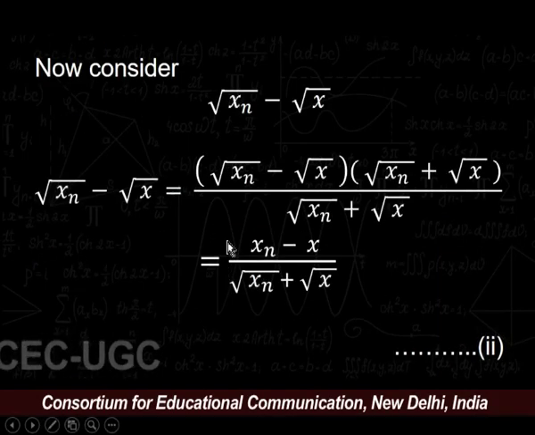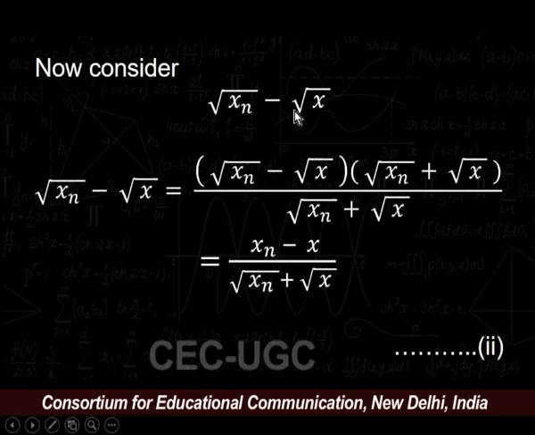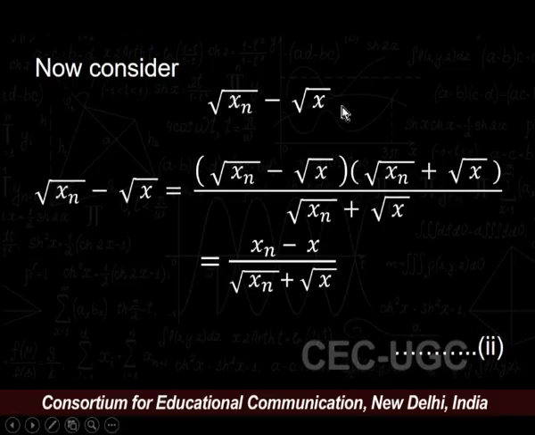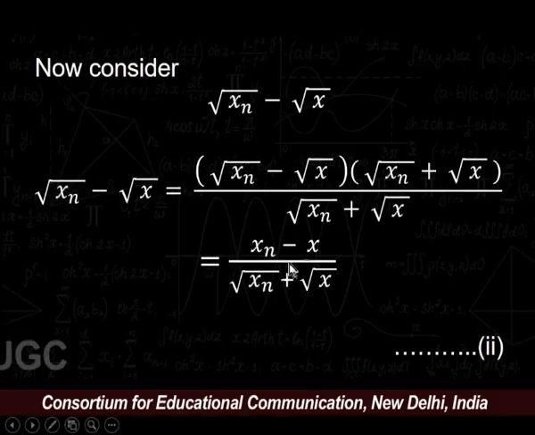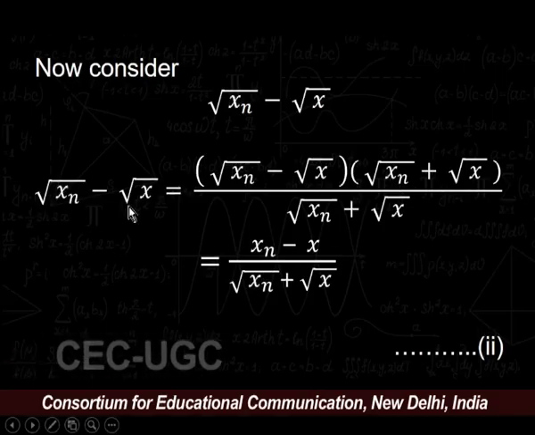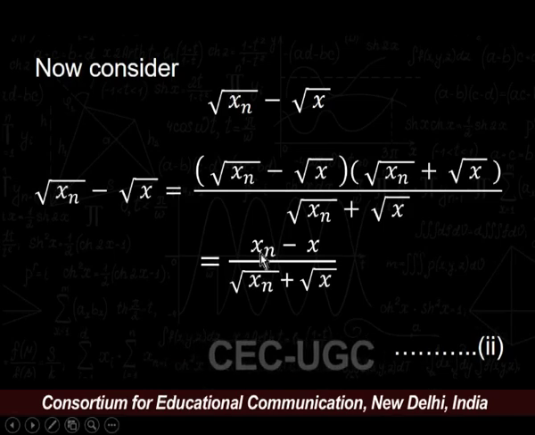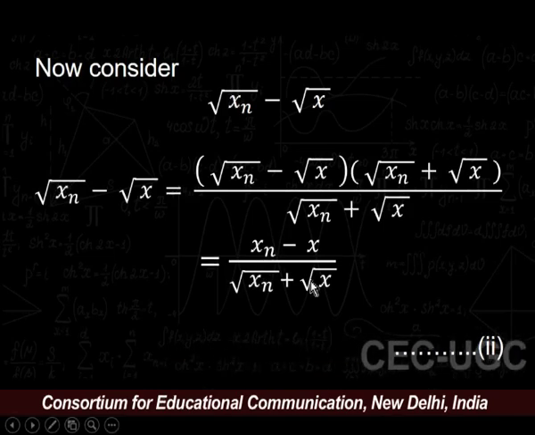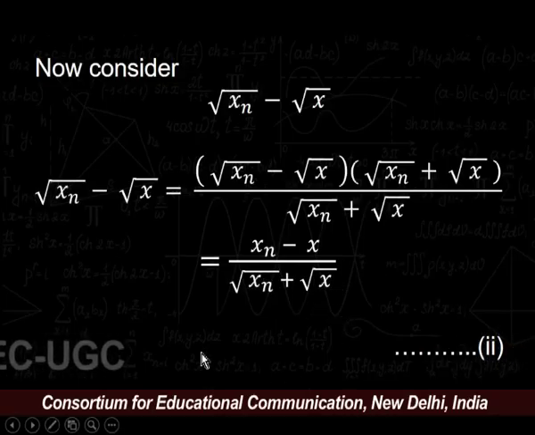Now, consider the expression square root of xn minus square root of x. Our first step is to rationalize this term. After rationalizing, we get square root of xn minus square root of x is equal to xn minus x upon square root of xn plus square root of x. Say this is our equation number 2.